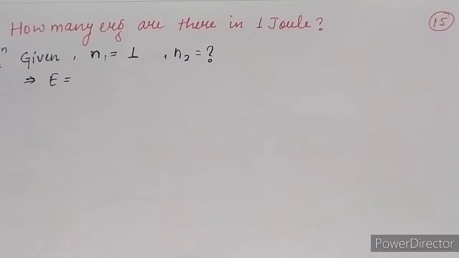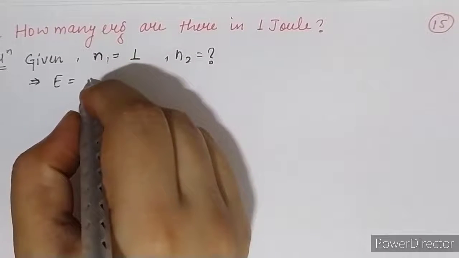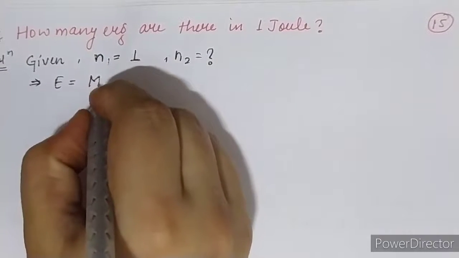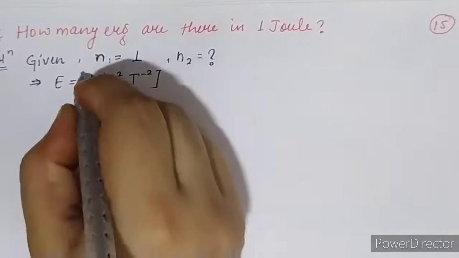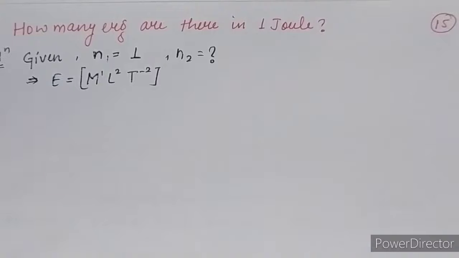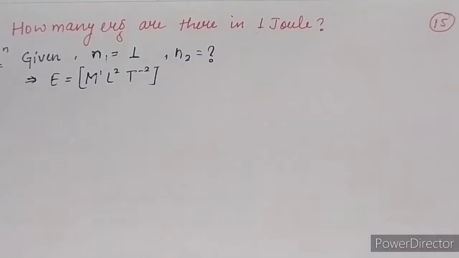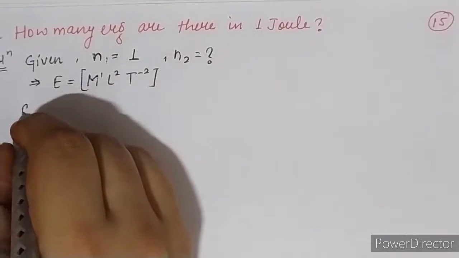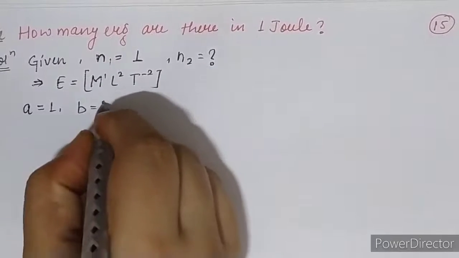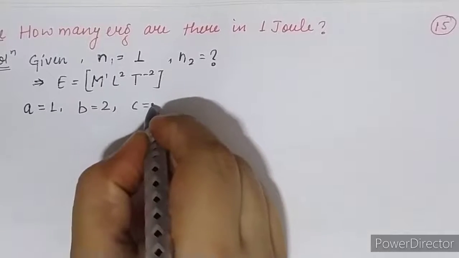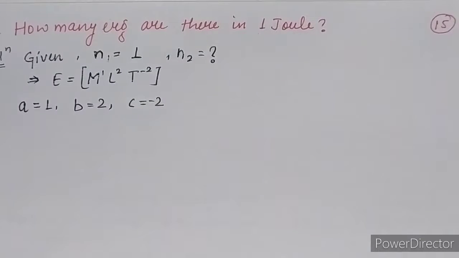Force is kg meter per second square, into meter for displacement, so kg meter square per second square, that is M^1 L^2 T^-2. From here power a is equal to 1, b is equal to 2, c is equal to minus 2.